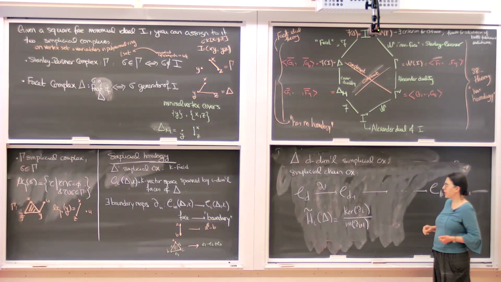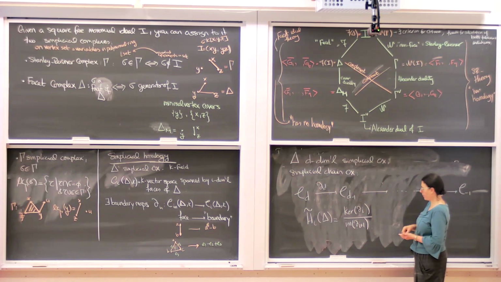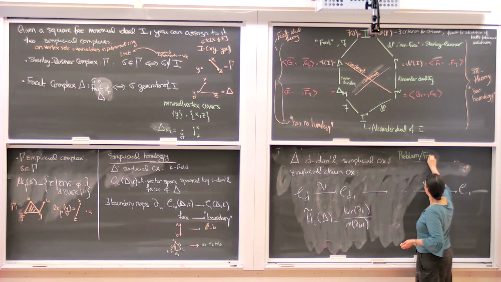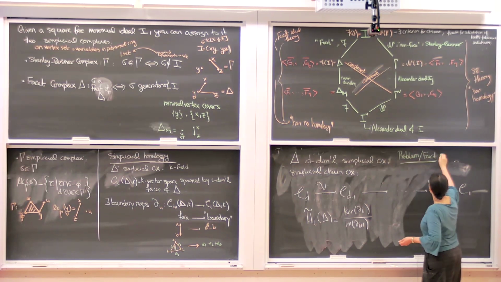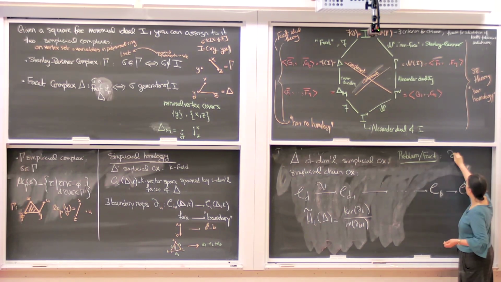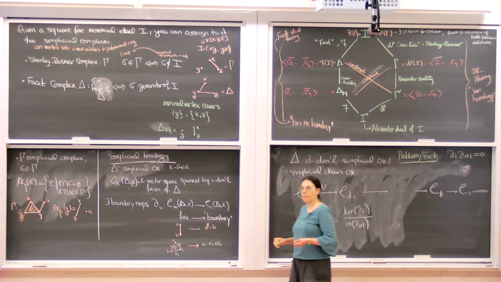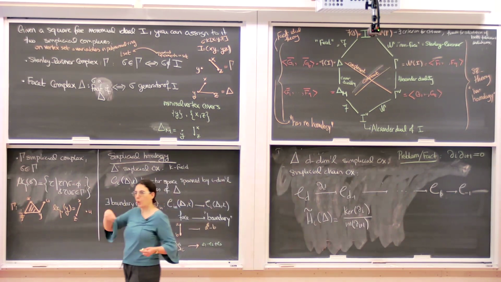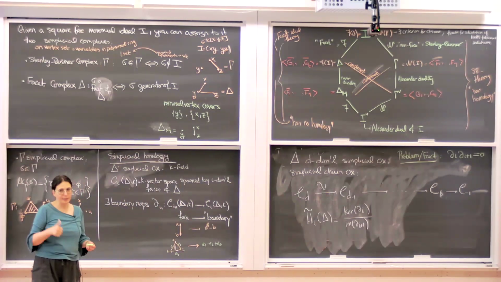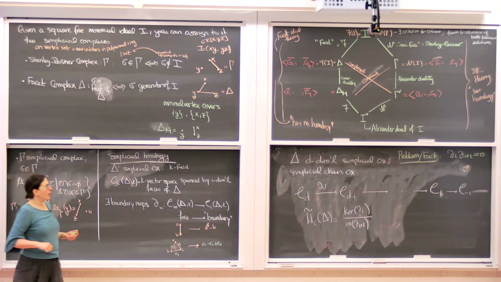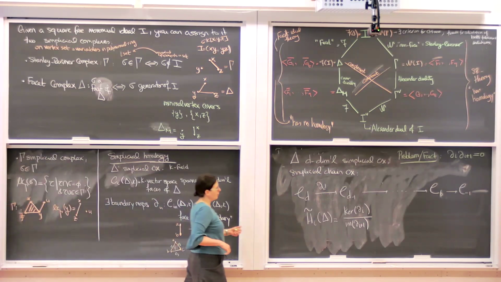Of course, this is a chain complex, so maybe a problem or fact for everyone to check who hasn't seen this is that, I hope I write this in the correct order, that this is in fact a chain complex, meaning that if you compose two of those maps sequentially, you're going to get 0.